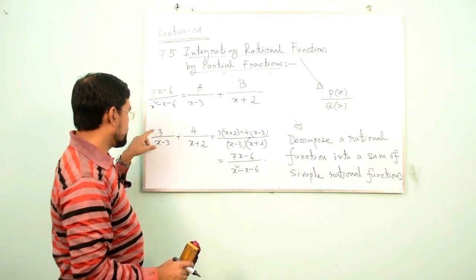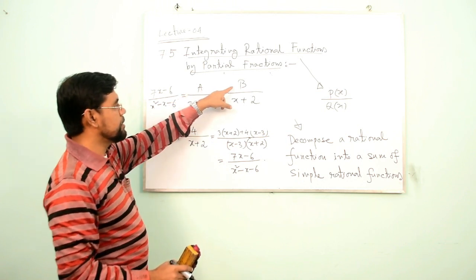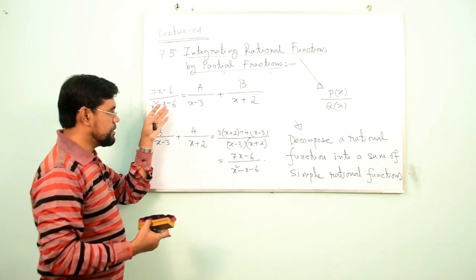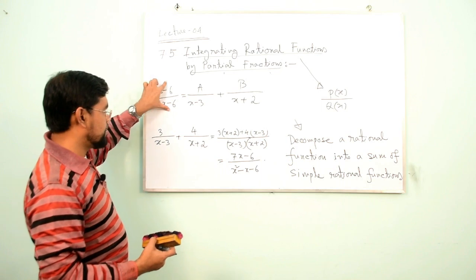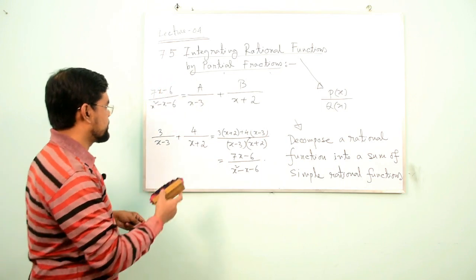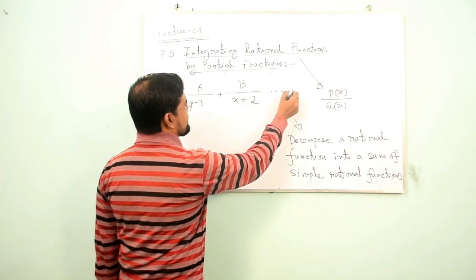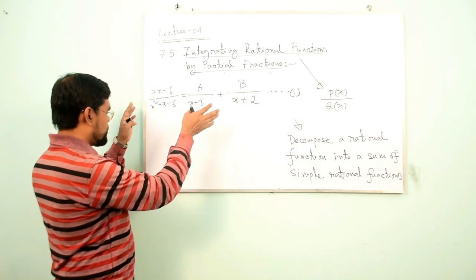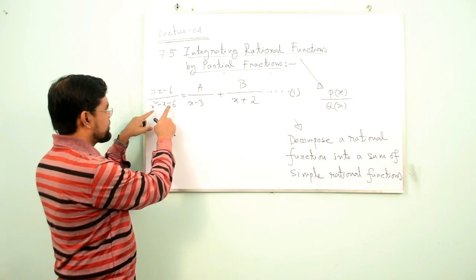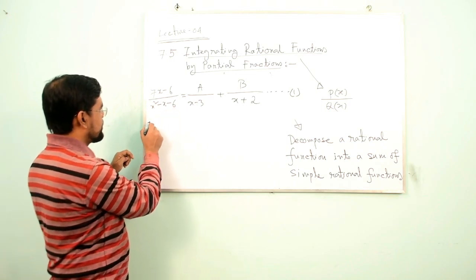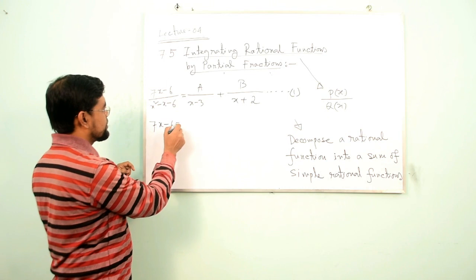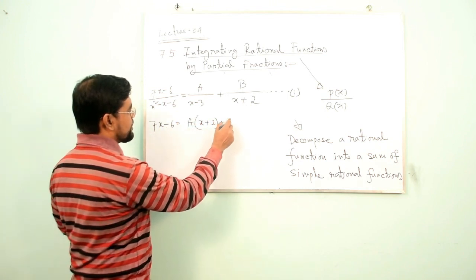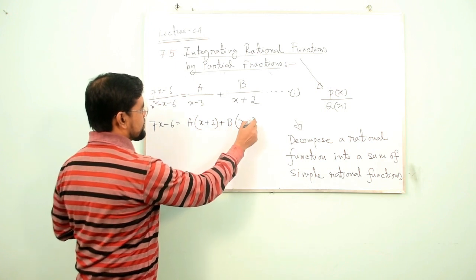That's the reason a and b are the unknown quantities, and this is an identity which is satisfied for all values of x. Let us call this equation number 1. Multiplying both sides by x square minus x minus 6, we get 7x minus 6 equals a times x plus 2 plus b times x minus 3.